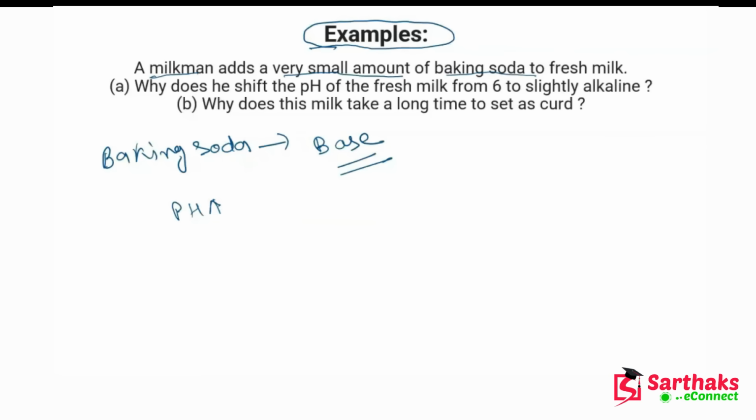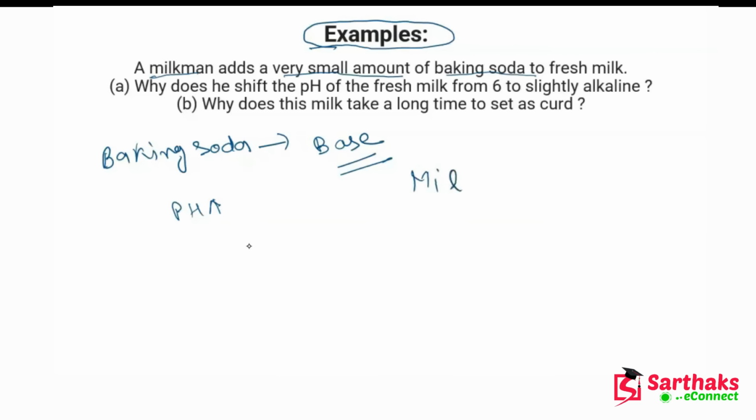Why is the milkman doing this? He wants the milk to be slightly alkaline. If it is slightly alkaline, it may not get sour easily due to the formation of lactic acid in it.